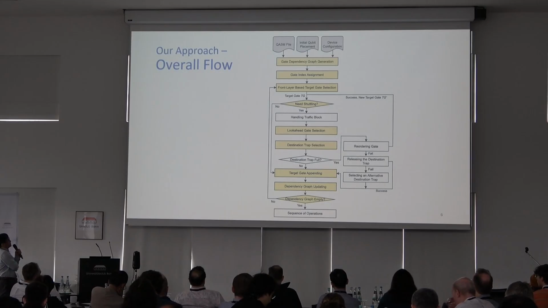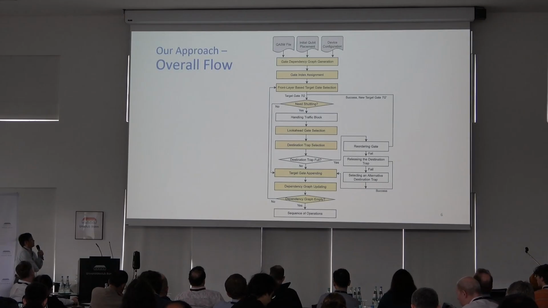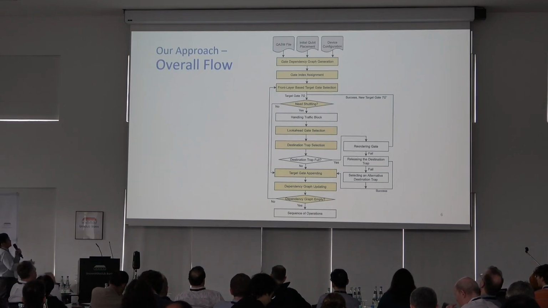Here we use several existing techniques trying to free up space in the destination trap. Once the destination trap has enough space to accommodate the ion, we can add the shuttle operation and then append the gate into the output sequence.